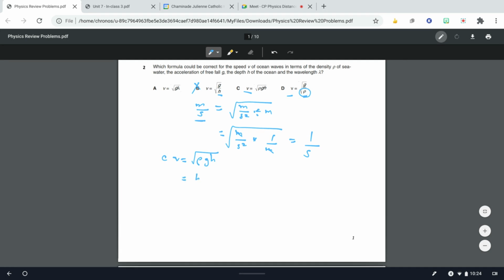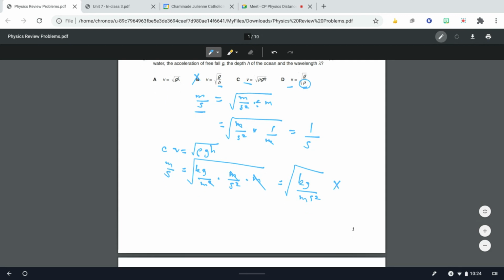So you've got kilograms per meter cubed times meter per second squared times meter under the radical. This meter cubed would cancel with this meter, and you'll be left with kilogram meter per second squared under the radical. So this is not the option, because velocity here is meter per second.